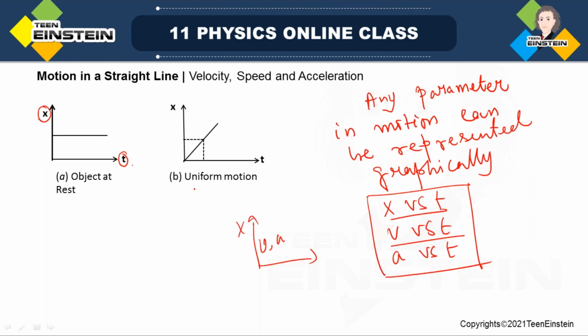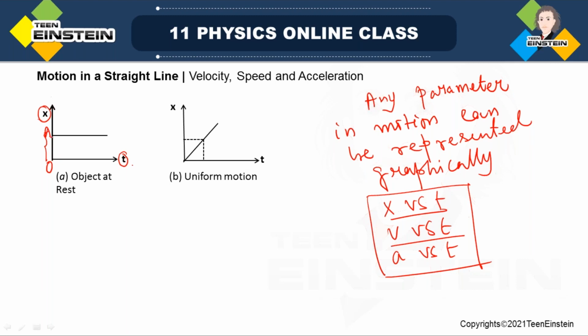Okay, so what I am trying to say is I'm just trying to discuss the state of motion of an object in the position time curve. What does this mean? Suppose this is the origin and this is a point, OA. So this is OA distance.